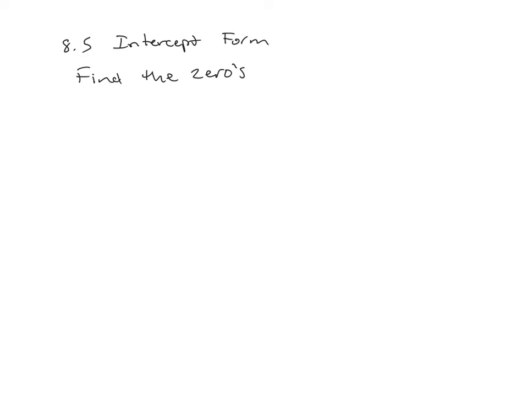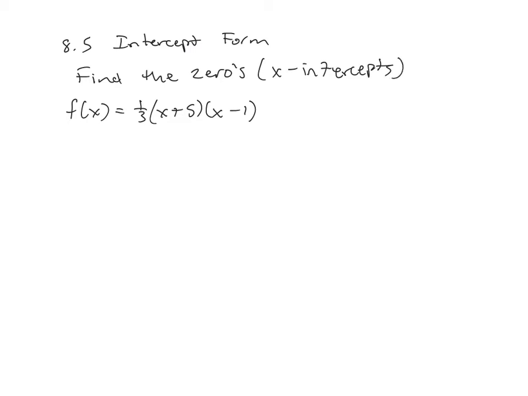And we've kind of done this before in chapter 7, but if you had a problem like this, so remember that the zeros are the x-intercepts. They mean the same thing.